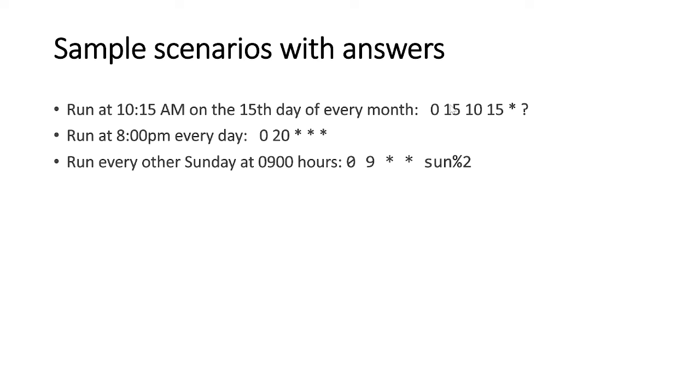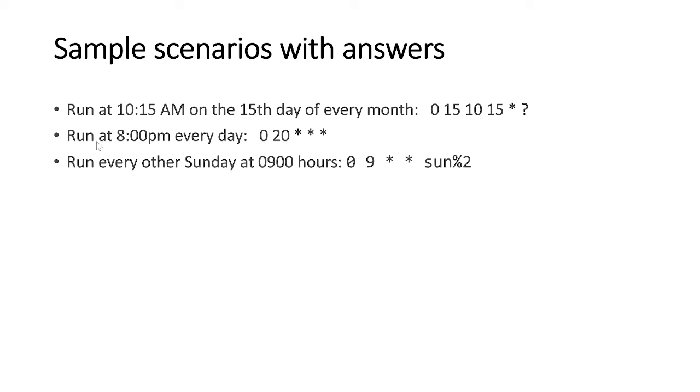I have a 15th minute here, and next I have hour 10, and the day will be 15, followed by star, which indicates it will run every month, and finally we have star, which is an optional one, meaning it can be any day of the week. So this is the syntax of scenario 1.